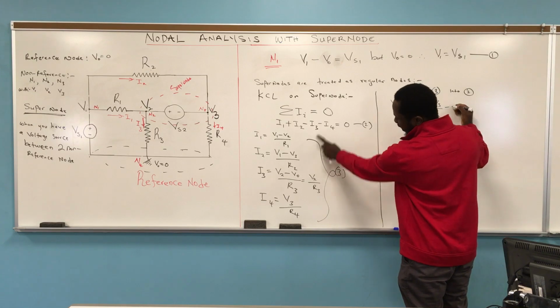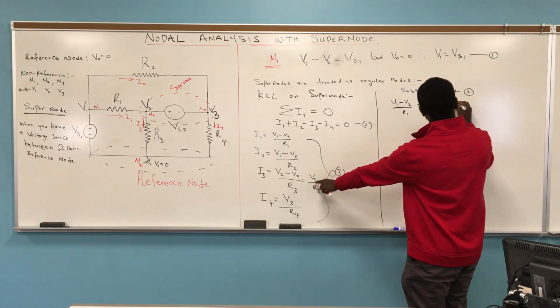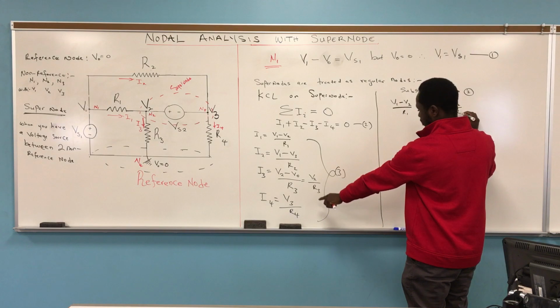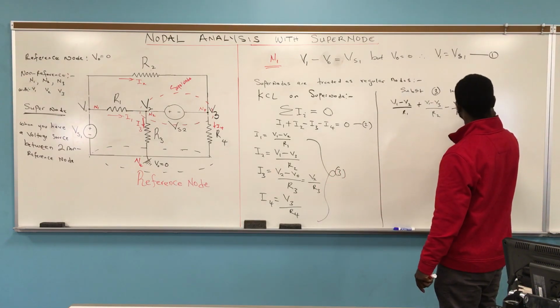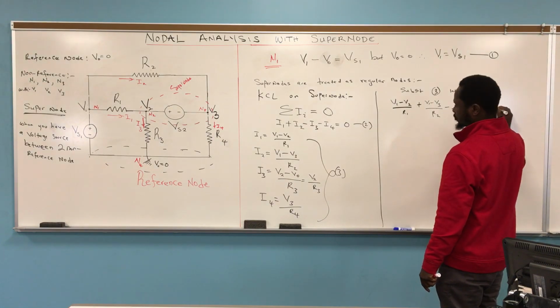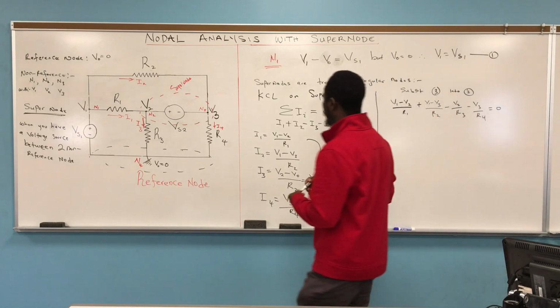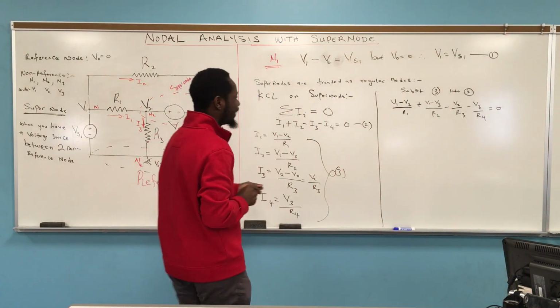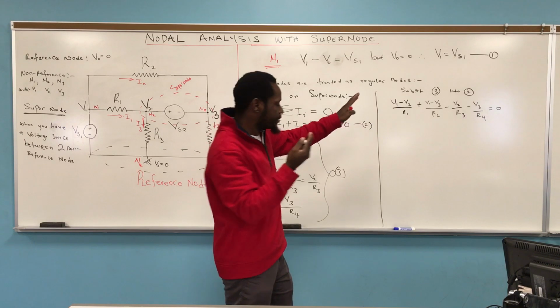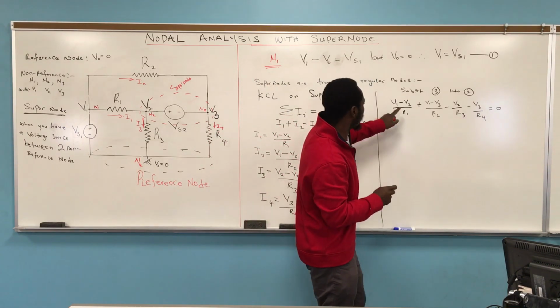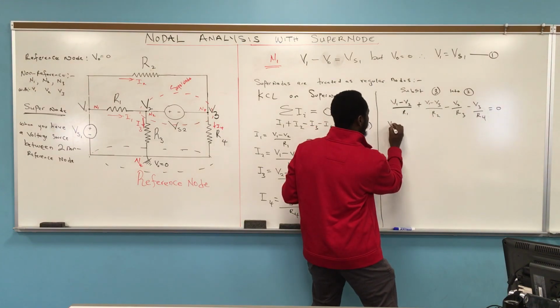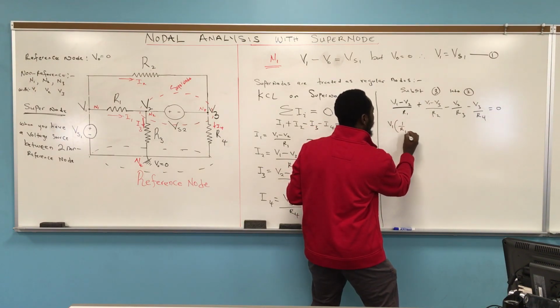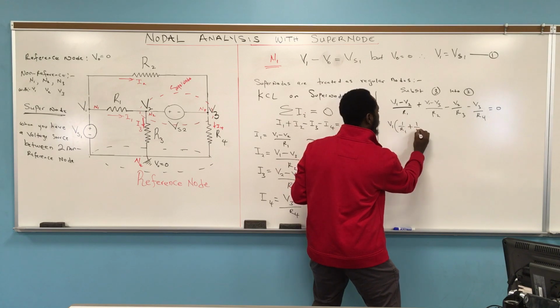Minus I3, which is minus V2 over R3. And then the last one will be minus V3 over R4 equal to 0. Now let's simplify first and collect all the like terms, right? So V1 times 1 over R1 plus 1 over R2, right?